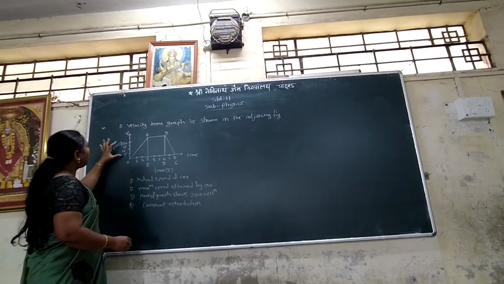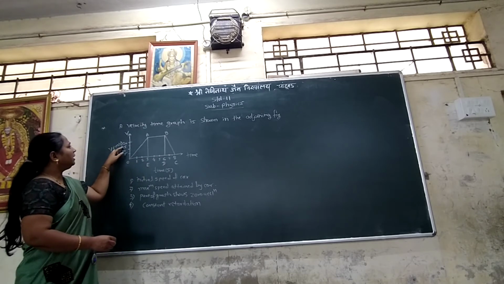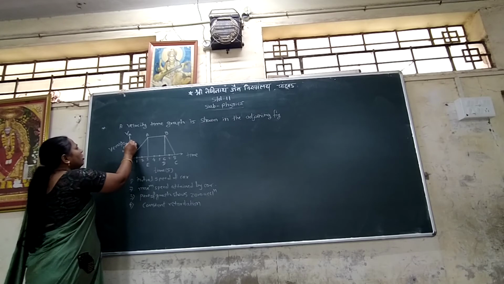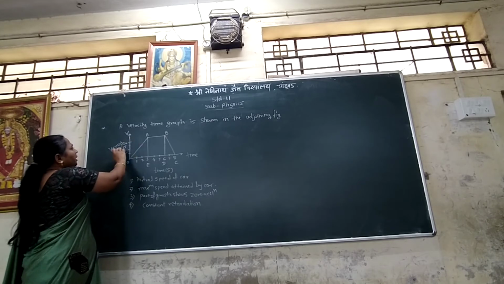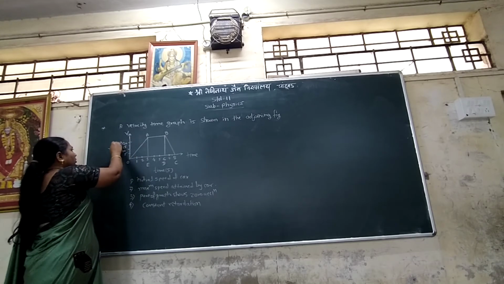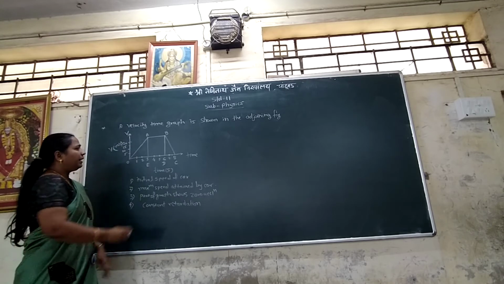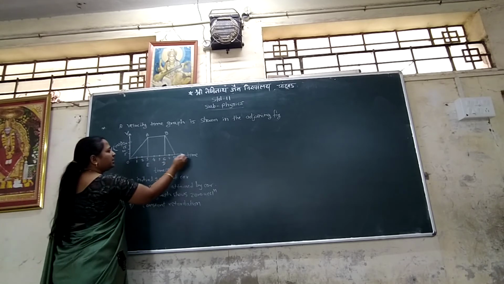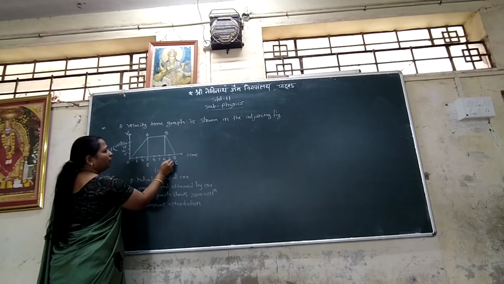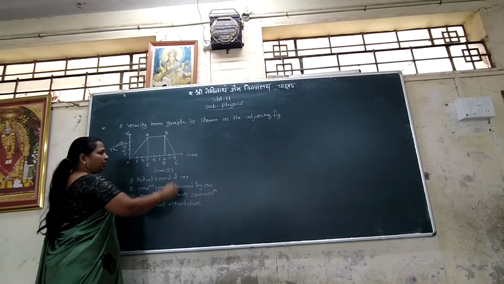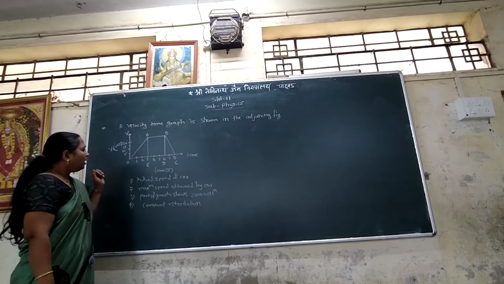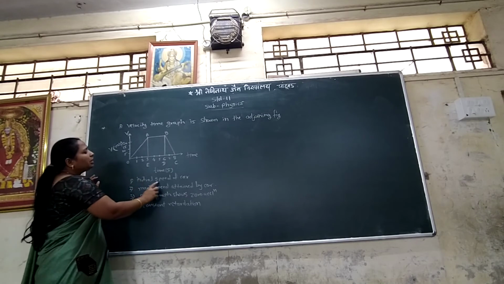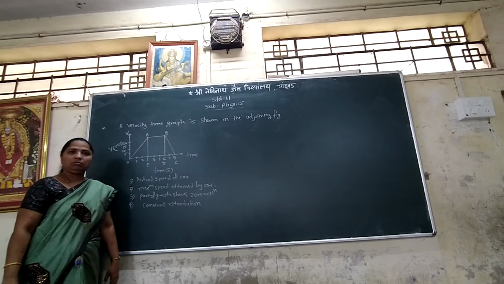Here the maximum velocity is 20 meter per second, with marks at 5, 10, 15 and 20, and time along the x-axis is 1, 2, 3, 4, 5 up to 8. First, the initial speed of the car.